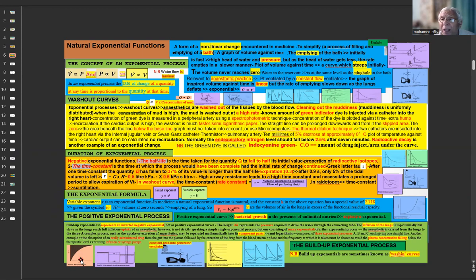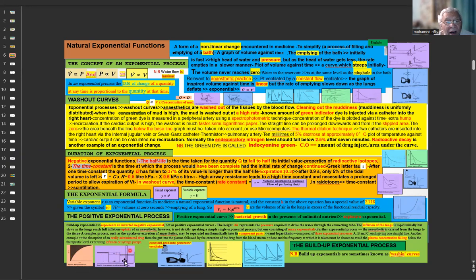We can see the meaning of the build-up exponential curve. It is not like the positive exponential curve. It looks in this way. It's different from that of the positive exponential curve. So this is build-up, as you can see.